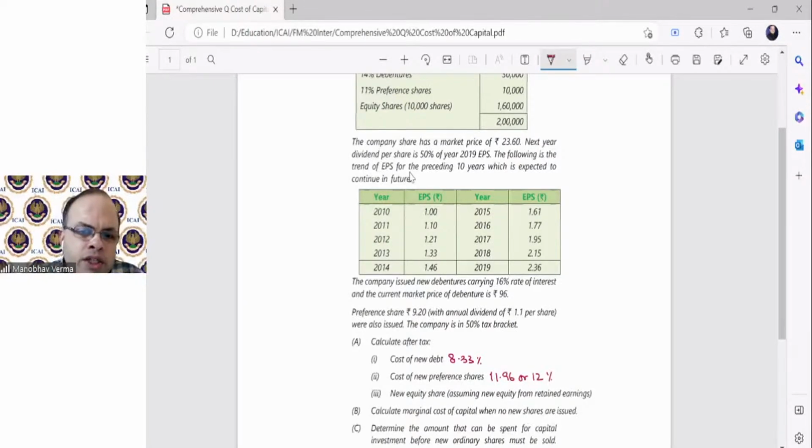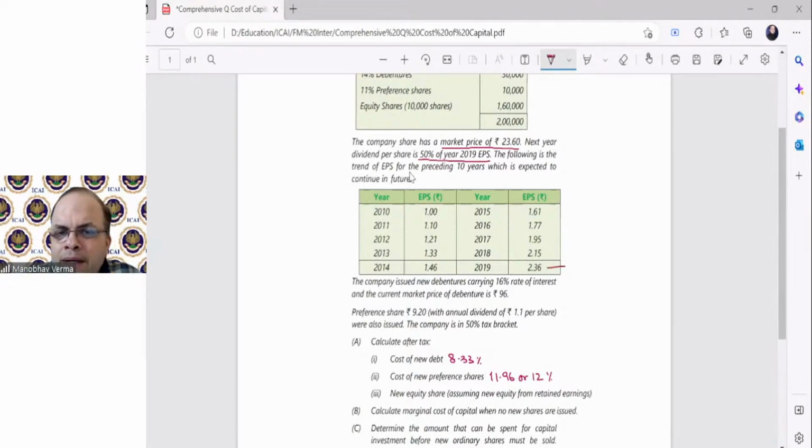New equity share, assuming new equity from retained earnings. So how do we calculate, guys? They're giving you the market price of 23.6. Next year dividend per share is 50% of 2019 EPS.